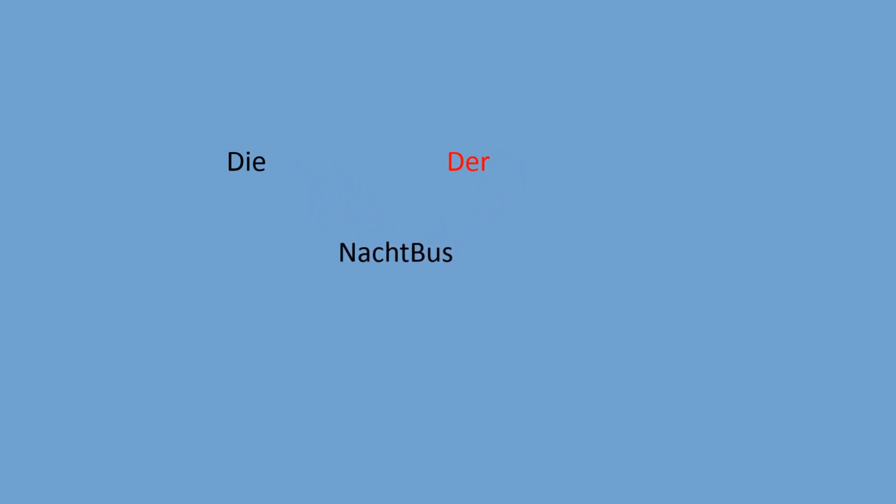When we combine them together and create one noun, we take the definite article of the last component, of the last element of the compound noun. So please keep in mind, the last noun will always give the gender and number to the noun. So in this case, the definite article der indicates that the noun Nachtbus is a masculine noun, der Nachtbus.